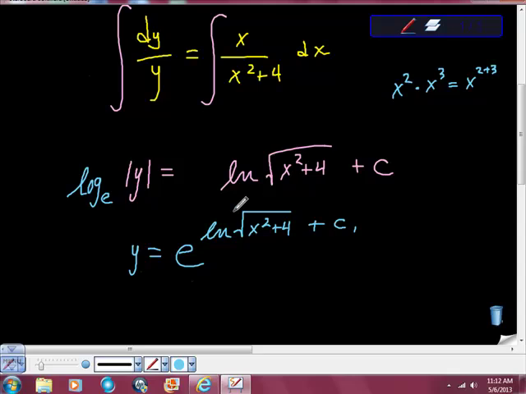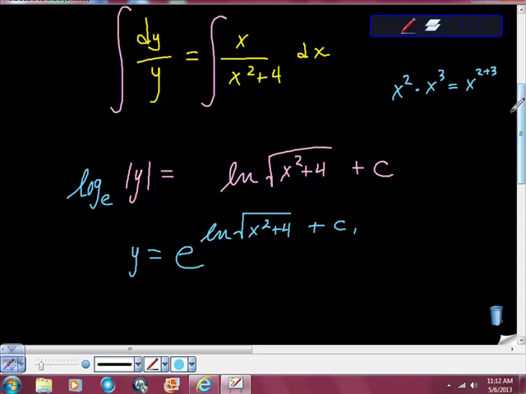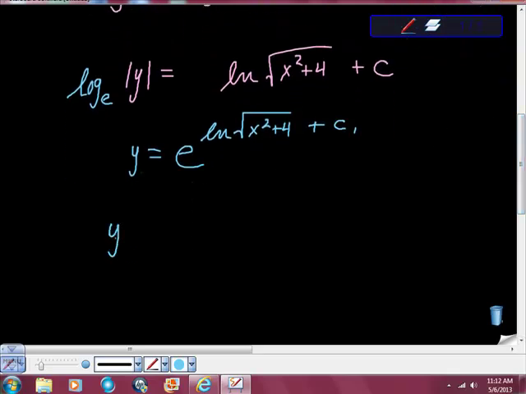Instead of taking e to the ln of this plus c, I'm going to break it up this way. I have y equals e to the ln of the square root of x squared plus 4, times e to the c power. That makes sense?